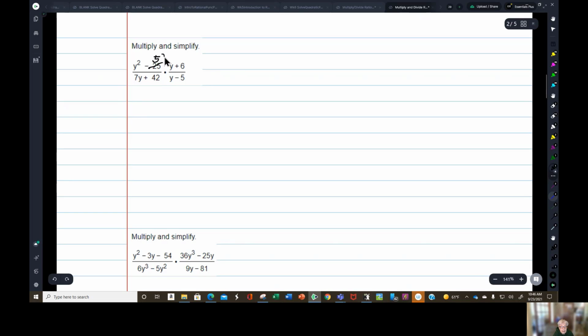So I'll be factoring that by the difference of two squares. y plus 6, I can't factor that. y minus 5, nothing to factor there. But here, I have a GCF. 7 times y plus 7 times 6. So 7 will be our GCF. So this is how I'm going to rewrite this.